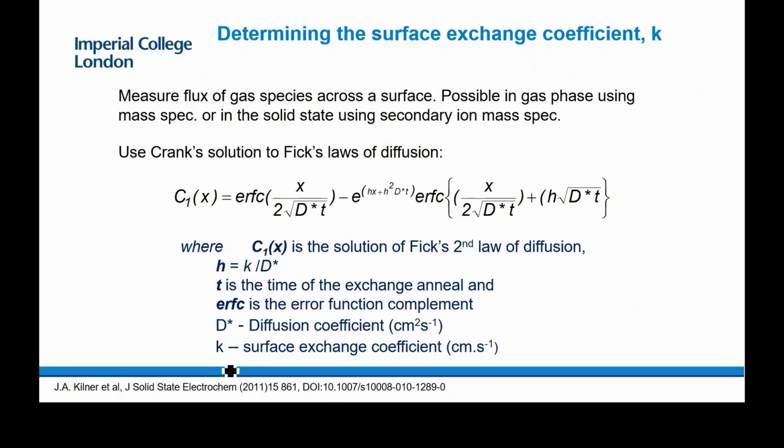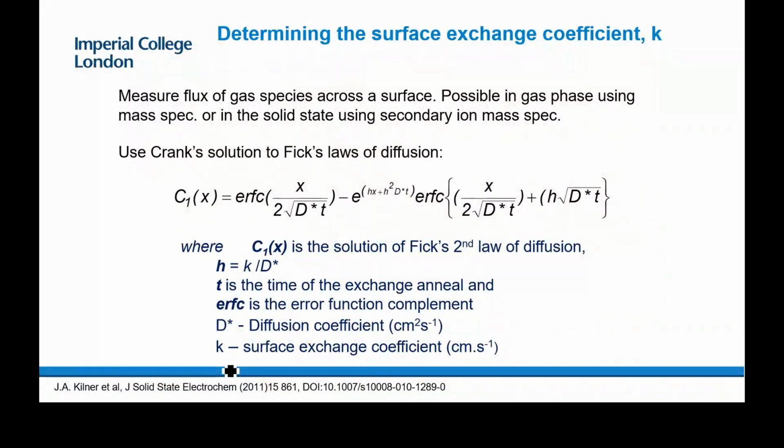So measuring the flux across the surface is where we start to think about isotopic labels. Now we can create a system where we can label the flux going into the material. And if we then relate that surface exchange process with the diffusion process and link all of that through to Fick's laws of diffusion, we can then start to solve Fick's law of diffusion for the particular case in the high temperature solid state system where we have a diffusion process and a surface exchange process, particularly in a semi-infinite medium.